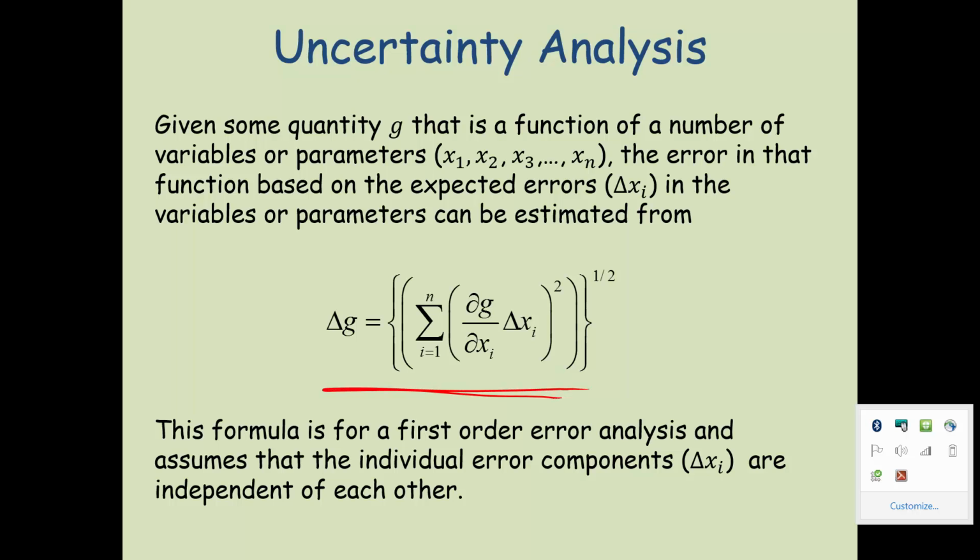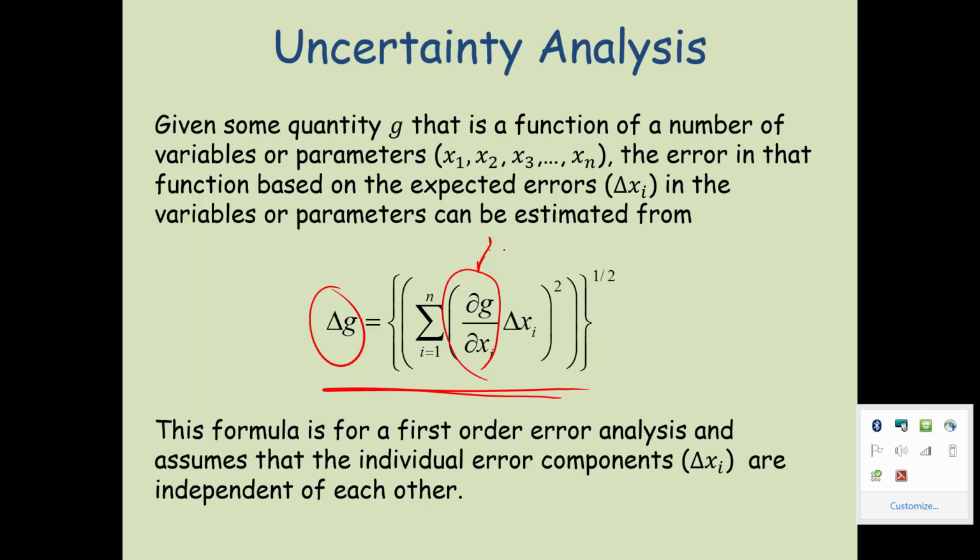So delta G, which is the error in the value of G, is just going to be equal to the summation of the dependence of G on each of the variables xi, times the error that you might have in the measure, or the uncertainty in the value of the individual values of the xi.